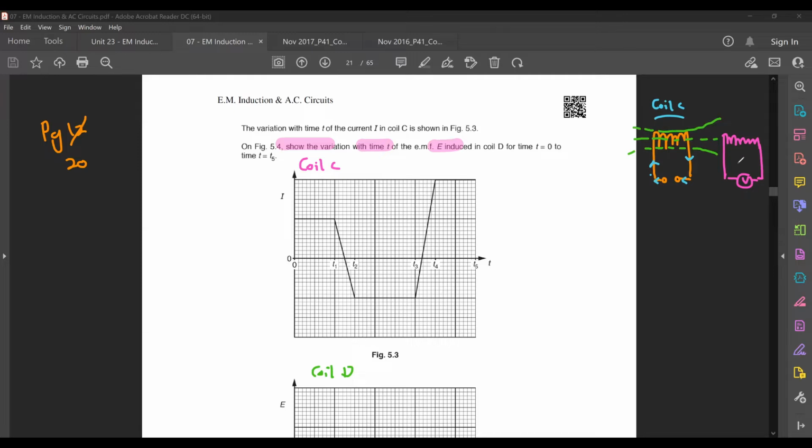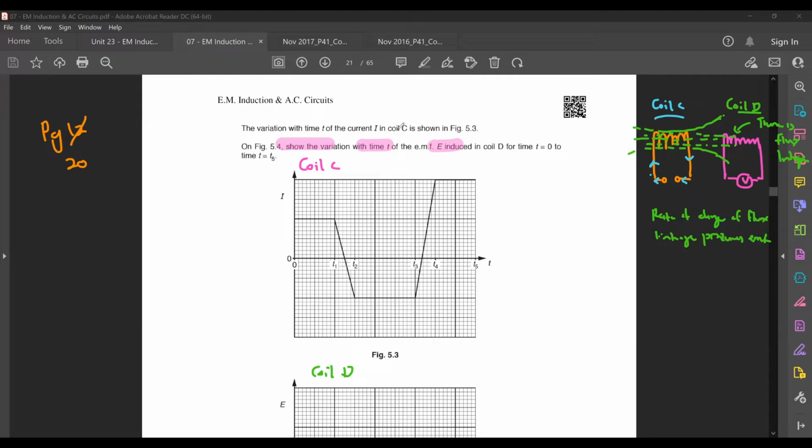Provided your coil D here is placed close enough to the coil C here, you're going to have magnetic flux linkage. It could be that the magnetic flux from coil C links to coil D. So this one here, there is flux linkage. And we know that rate of change of flux linkage produces EMF.